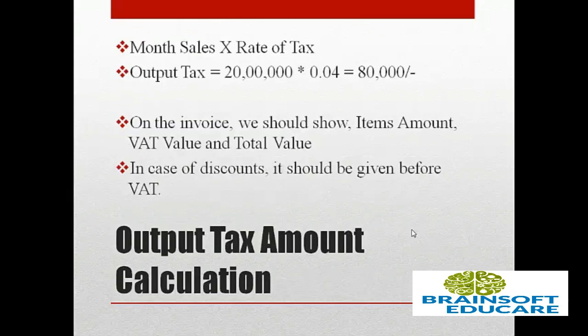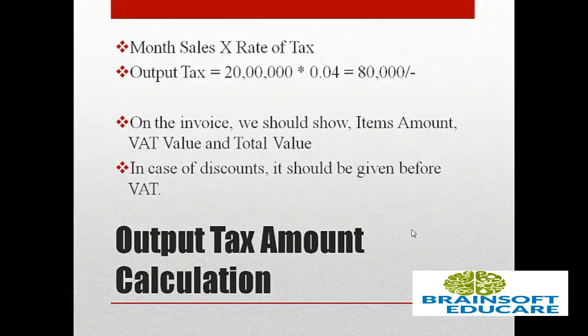Output tax amount calculation. Month sales x rate of tax. So let's see how to calculate output tax. Output tax is equal to 20 lakhs into 0.04 is equal to 80,000.